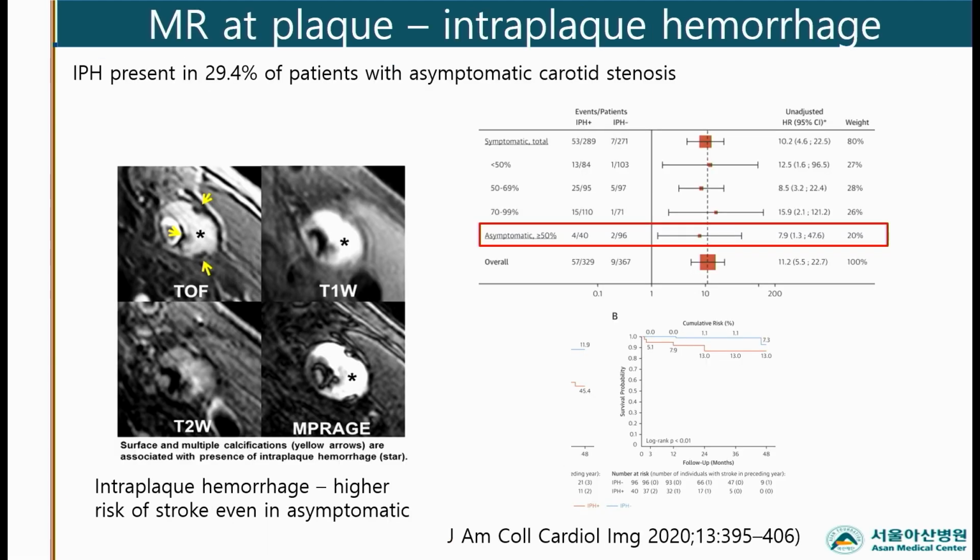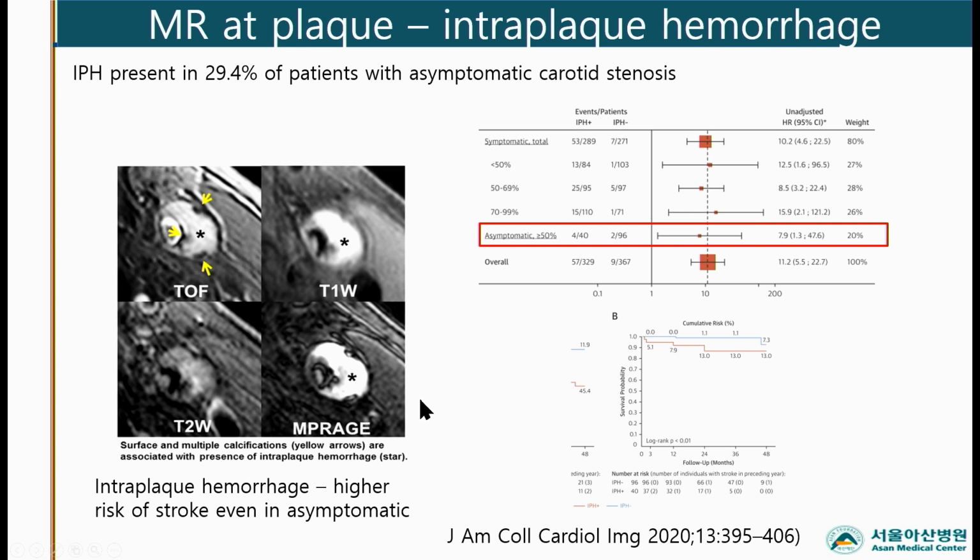Neuroimaging techniques are getting more and more developed, and nowadays we use high-resolution MRI, which correlates quite well with the pathology obtained from carotid endarterectomy. From that data, we can find intraplaque hemorrhage more frequently. If there is intraplaque hemorrhage, it is a very high-risk plaque.